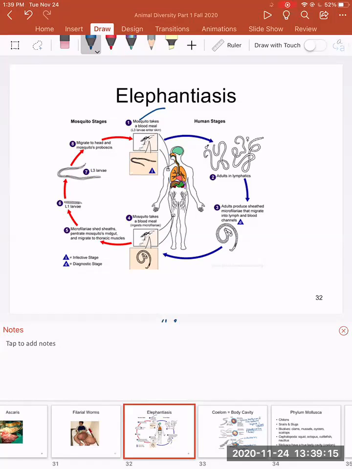So let's write down some advancements in roundworms, the nematodes.